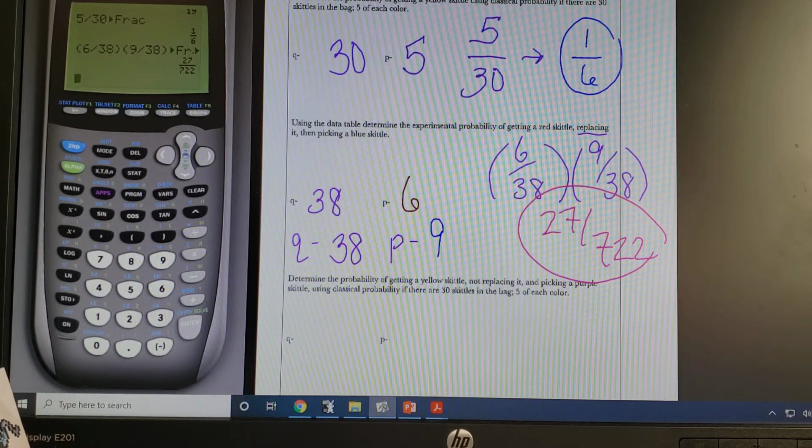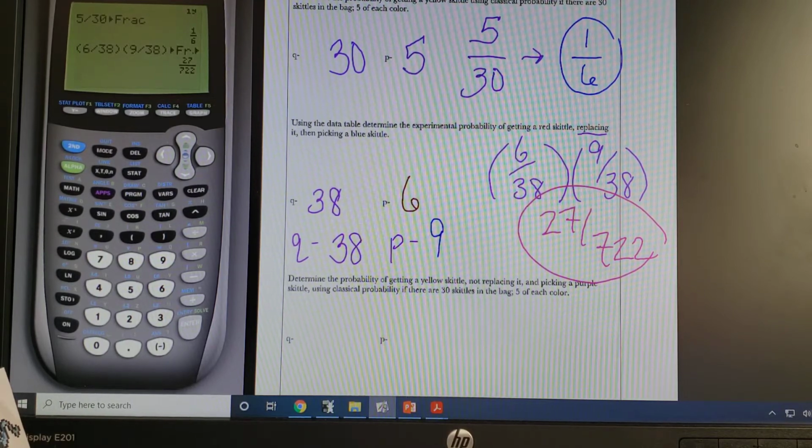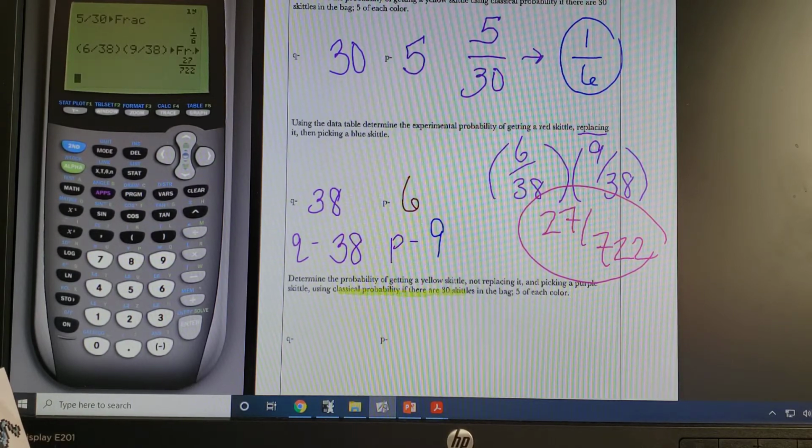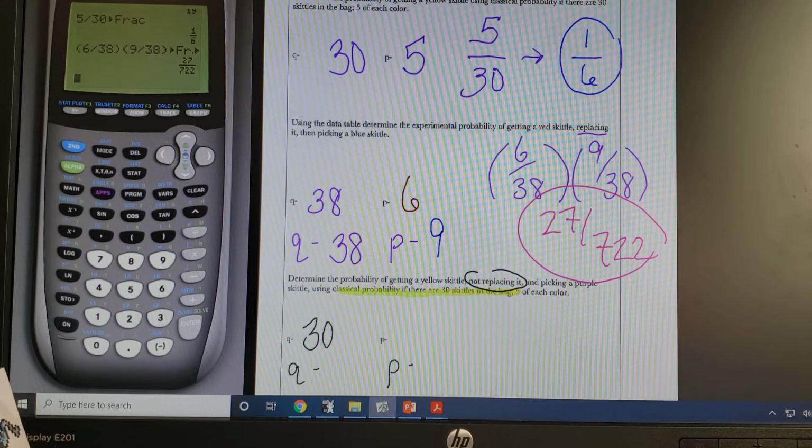Alright, next up, determine the probability of getting a yellow Skittle, not replacing it, and picking a purple Skittle using classical probability. So, not the chart, where there are 30 Skittles, 5 of each color. So we have two situations here. You'll notice that you are not replacing it. So first there are 30 Skittles, then there are 29.